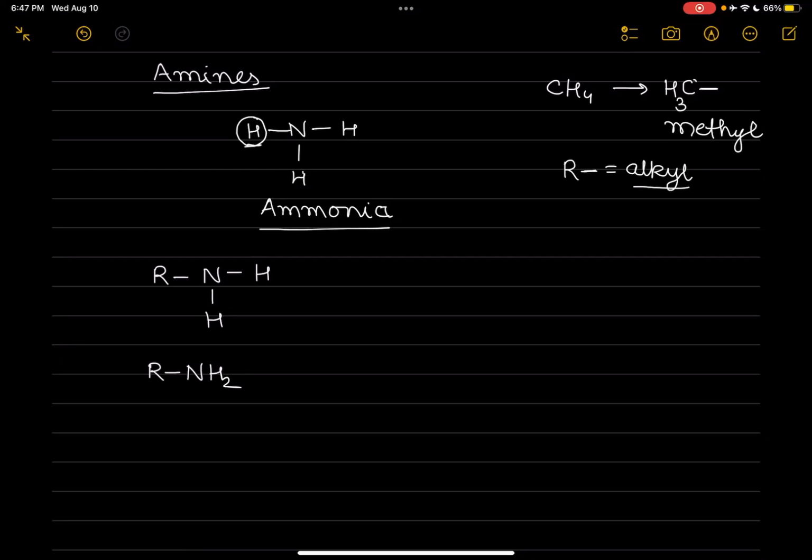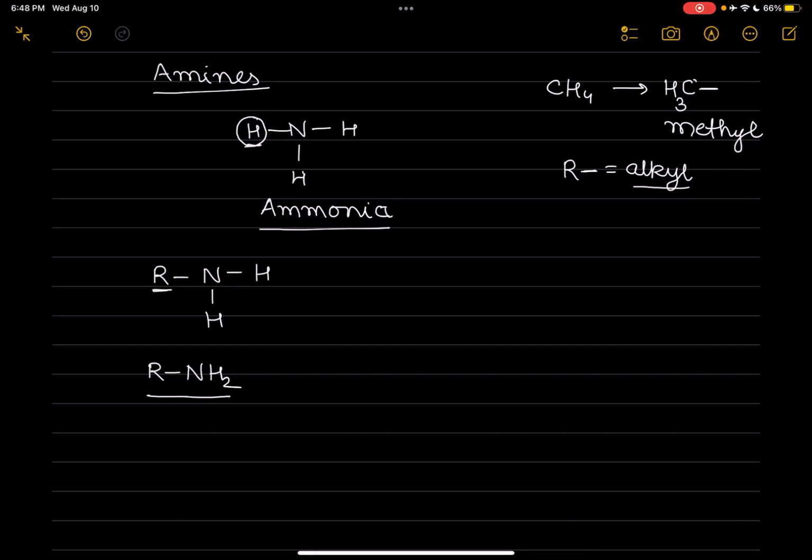Is it clear? Initially it was ammonia, which was not an organic molecule, but now it is connected to a carbon containing group, represented in a very general way as R, and this has become an amine.